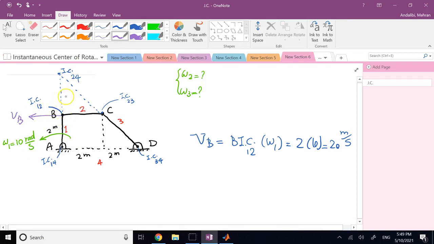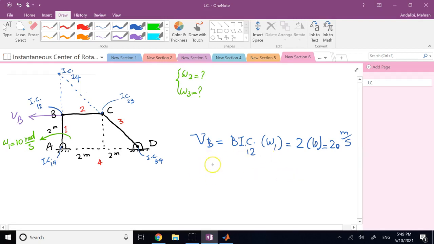Now B also belongs to part number 2, and 2 with respect to 4, which is ground, also rotates with some angular velocity omega 2 or omega 24, you might want to call it. But remember that omega of 4 is 0 in this case.